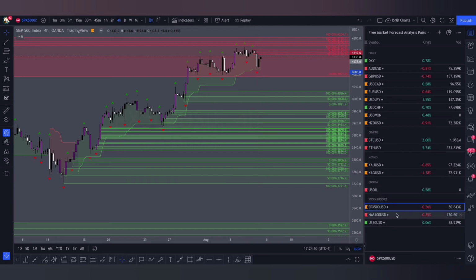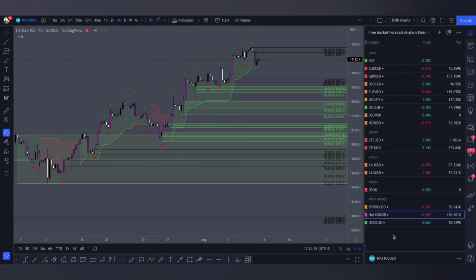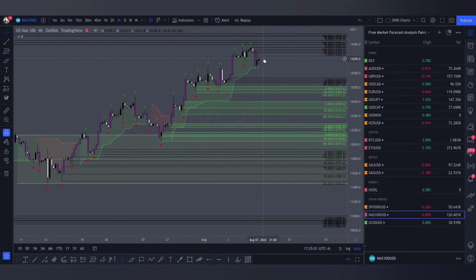And then I'll be looking to take this further to the upside. All right, now the NAS 100 USD short-term currency bias is short for this pair. Supply is in control. It looks like we've already got this pair to tap into what was an unmitigated 4-hour supply.